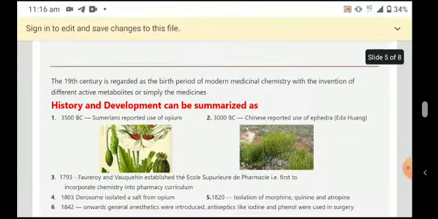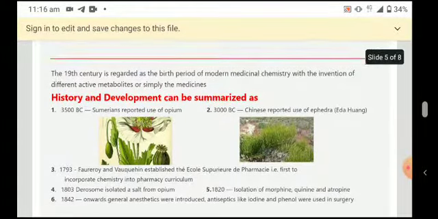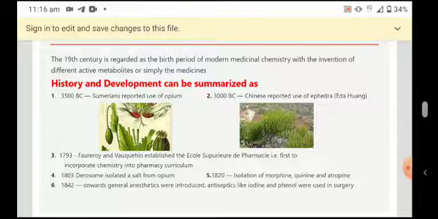After that, the 19th century is regarded as the birth period of modern medicinal chemistry with the invention of different active metabolites, or simple medicines.